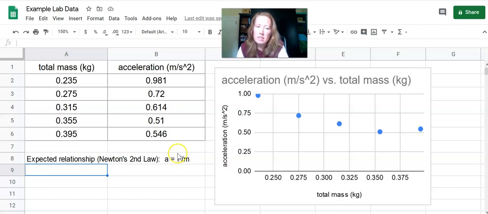So this force should be a number, and they're checking to see if this relationship holds Newton's second law. So here we expect this mass to have a power relationship, A equals F times m to the -1, basically. If I graph their data, it kind of doesn't look quite right, but it's an experiment.